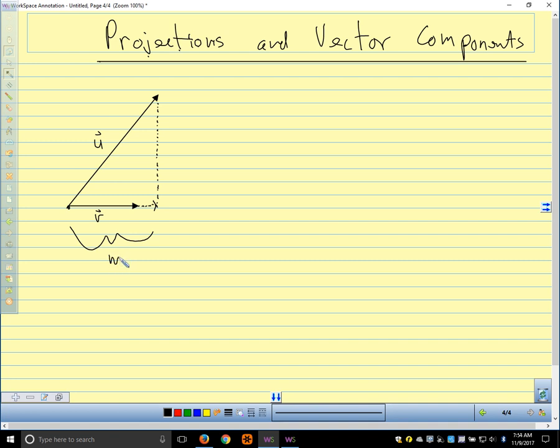In our book, they use the notation W1. And we also want the vector, I'll do that in a different color, that is orthogonal to v. So we're projecting this over at a 90-degree angle, W2.